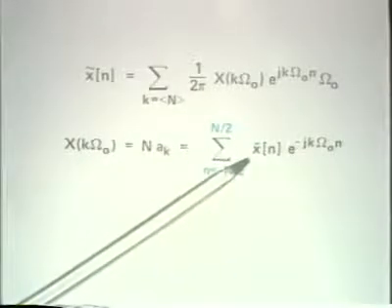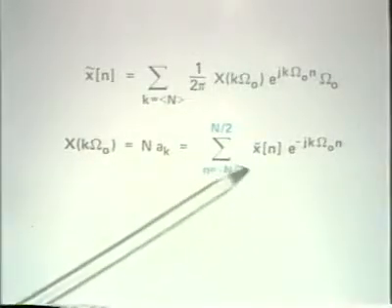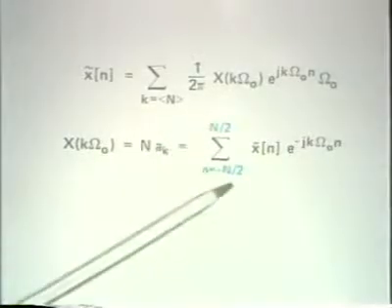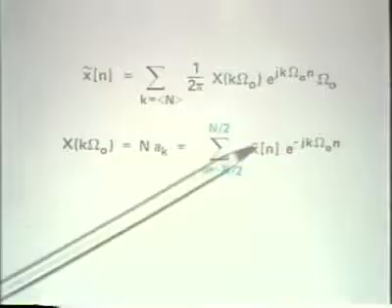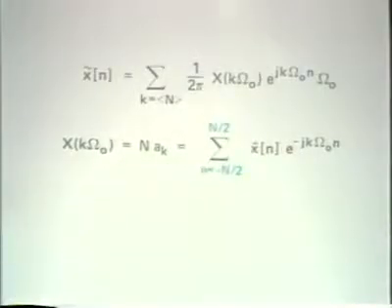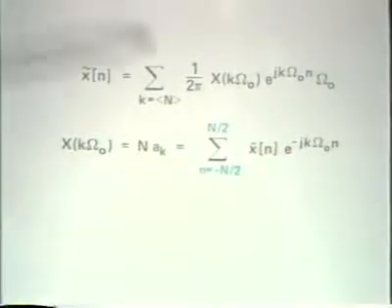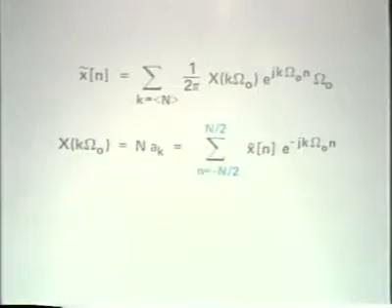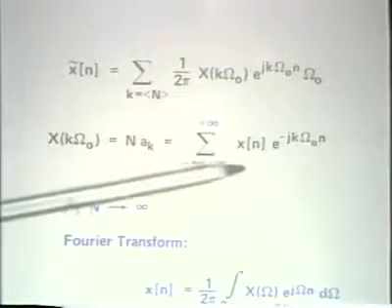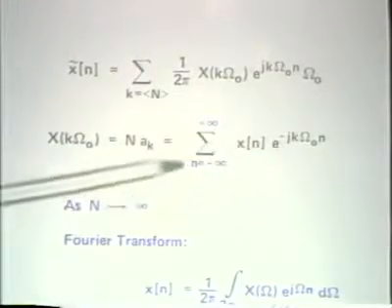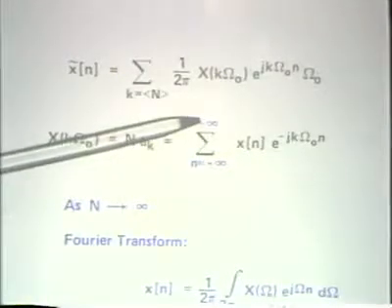Now, x tilde of n is the periodic signal, and we know that over one period, which is the only interval over which we use it, in fact, this is identical to the aperiodic signal. And so, in fact, we can rewrite this equation simply by substituting in, instead of x tilde, the original aperiodic signal. And now we can use infinite limits on this sum.